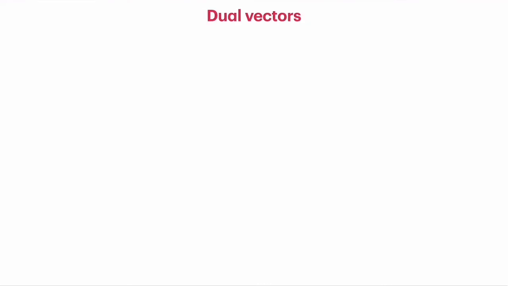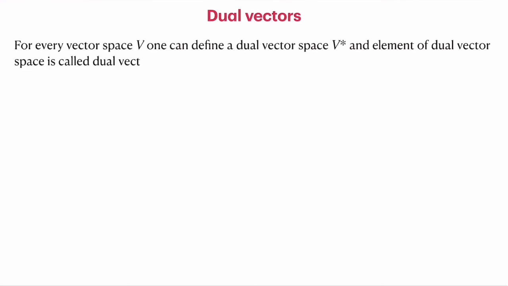Let's quickly get into an interesting mathematical concept, a pure mathematical one we could say, but it is sometimes useful in physics too, which is called the dual vector. For every vector space V, one can define a dual vector space, and elements of the dual vector space are called dual vectors.